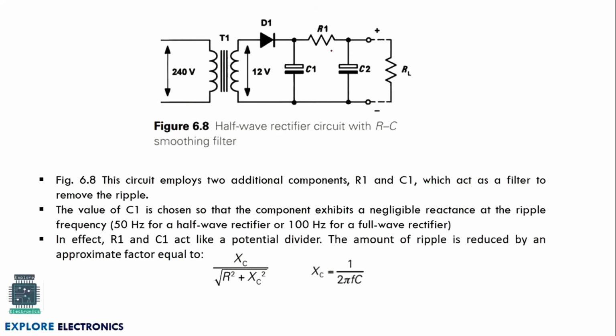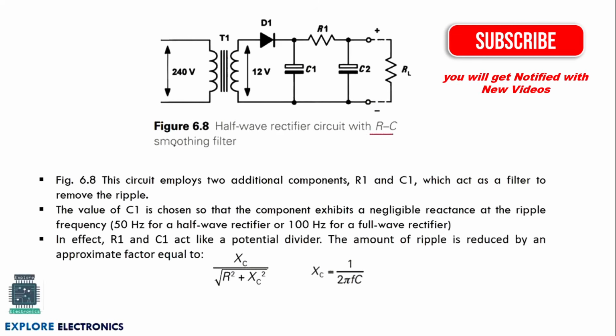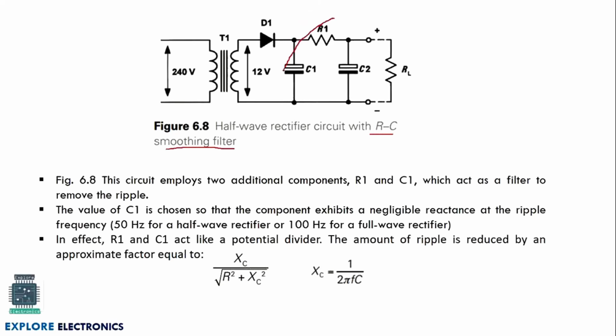And here is another circuit, with an RC smoothing filter. Here is the filter arrangement. You can observe that R1 and C1 are the filter circuit which we have connected in addition to the reservoir capacitor. The advantage here is that it reduces the ripples again, making the output smoother.